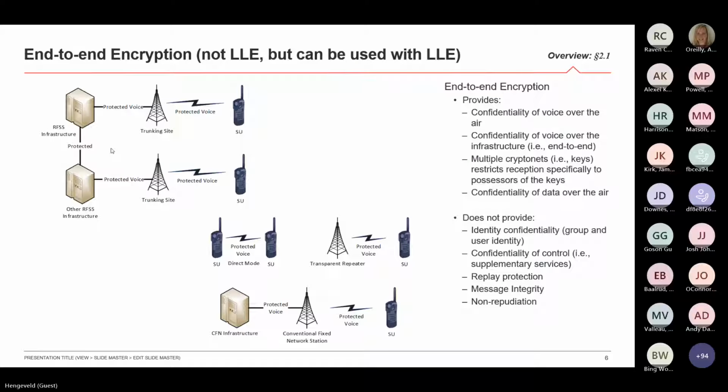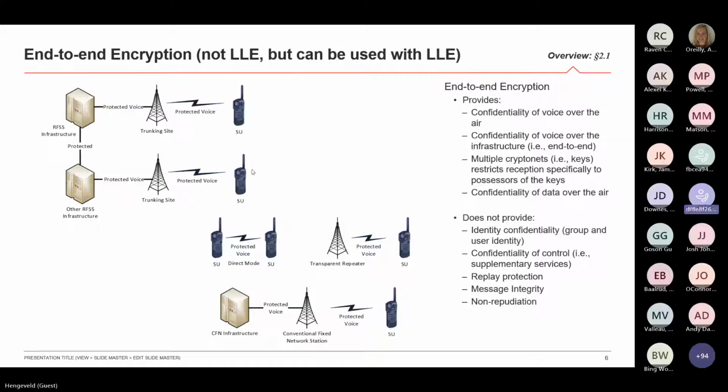Okay. All right. So it's important to understand the distinction between what end-to-end encryption does and what link layer encryption does. They are not the same. End-to-end encryption, of course, is providing confidentiality end-to-end. That is to say, when I encrypt a voice at one radio and I send it over the radio system, and it's received by another, it's protected over that entire route.